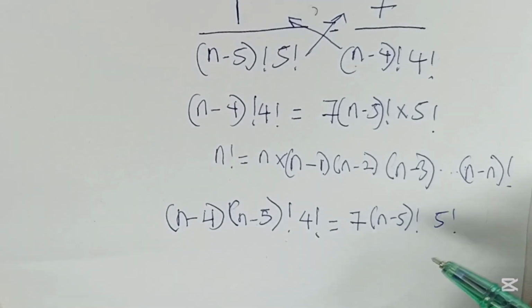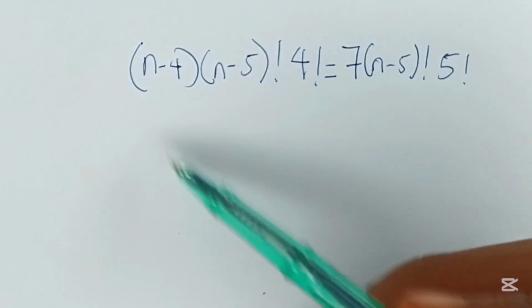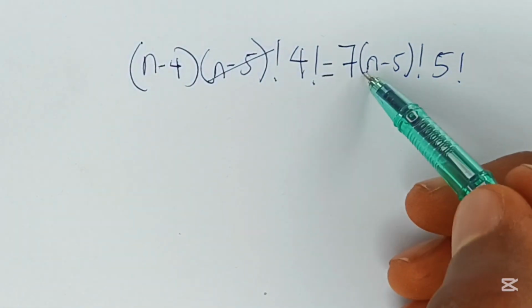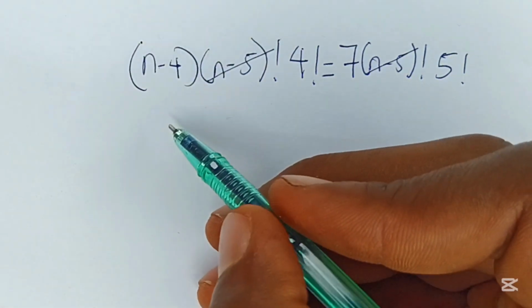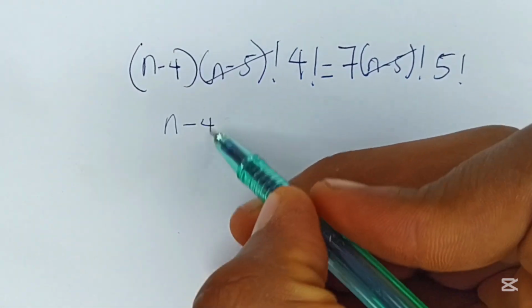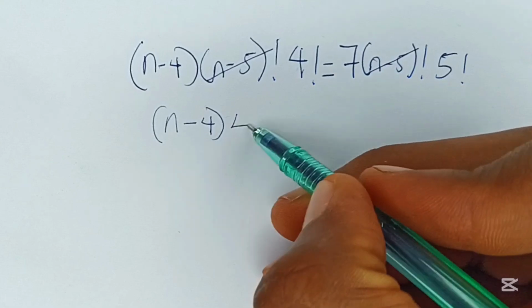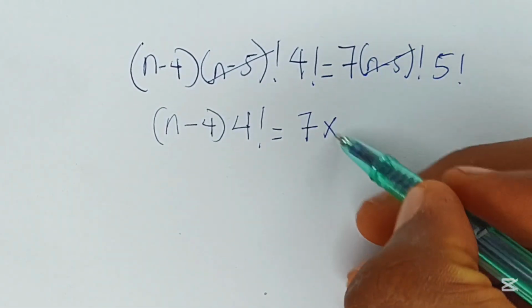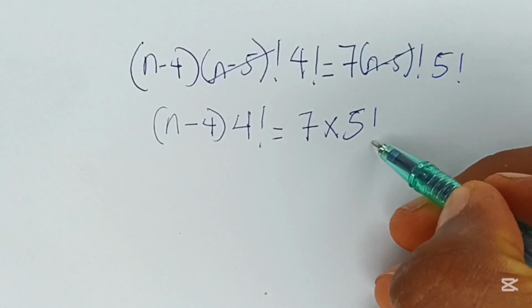Let's move on to this side. We can see that n minus 5 factorial can strike out on both sides, so what we have remaining is n minus 4 multiplied by 4 factorial equal to 7 times 5 factorial.